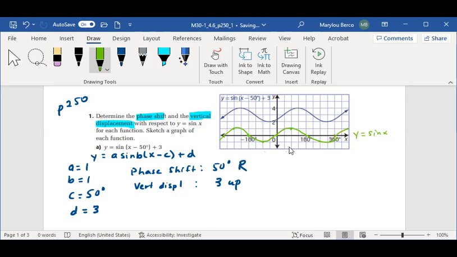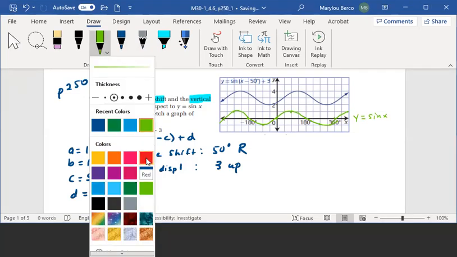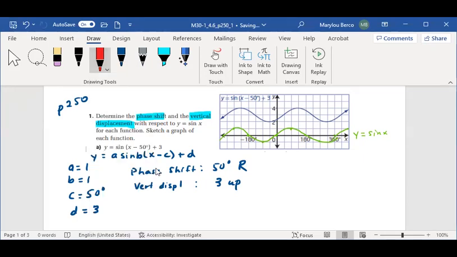Okay, so if we take a look at this, essentially what we're doing is we have a phase shift of 3 up. So if we take a look, let's take a look at this point.